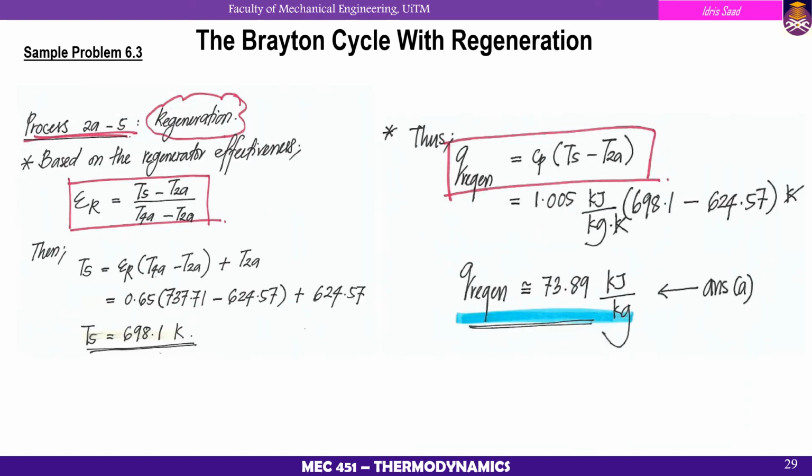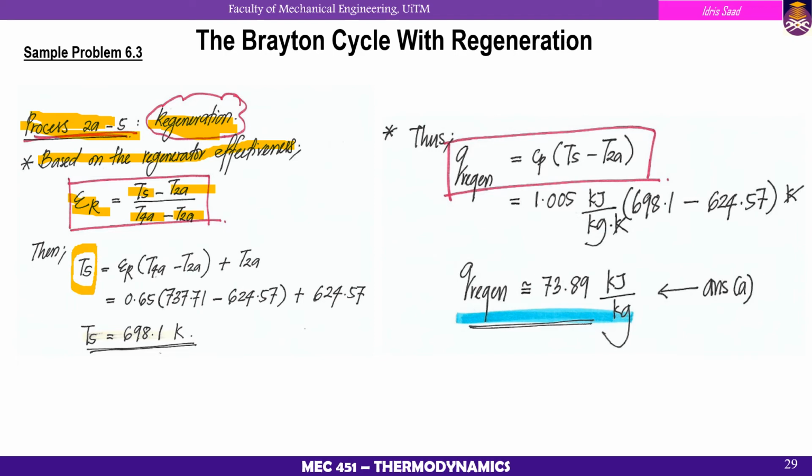Then we can proceed to the process 2A to 5. Basically this is the regeneration. In this regeneration, we have to use the regenerator effectiveness. We defined earlier that the regenerator effectiveness is equal to T5 minus T2A over T4A minus T2A. Then we can rearrange and calculate for T5.